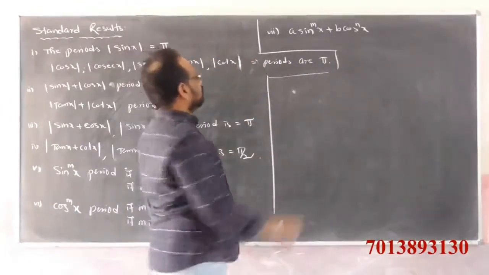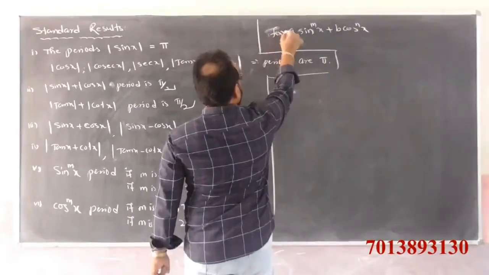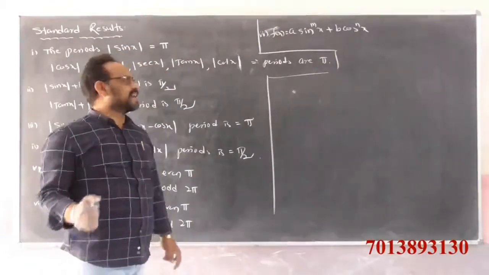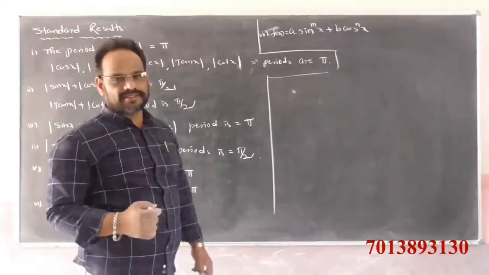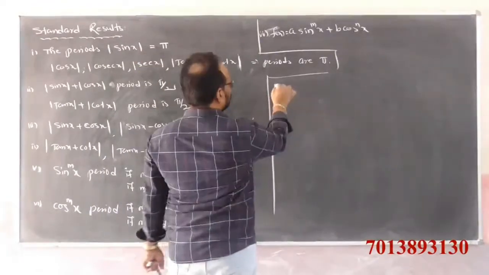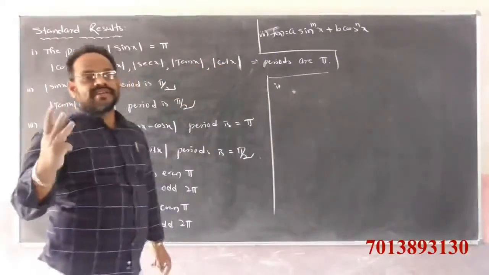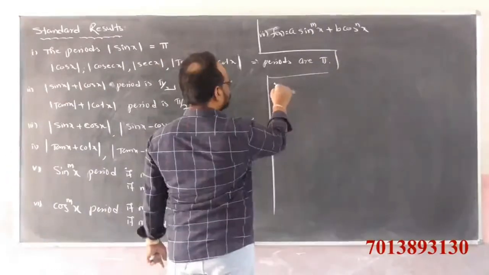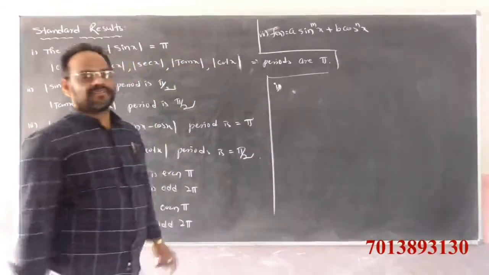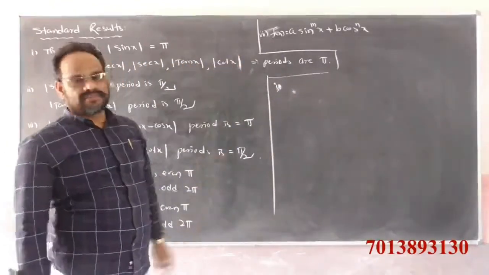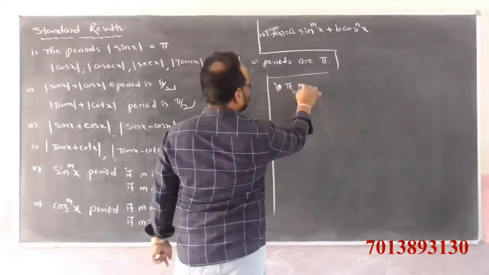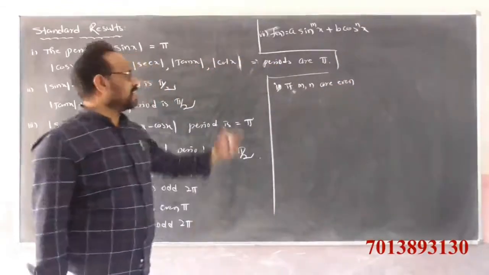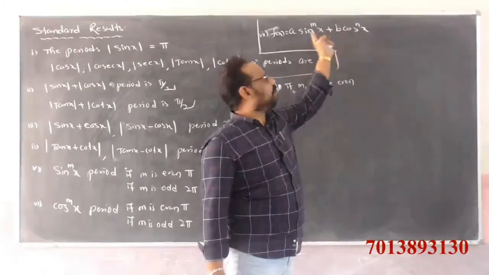That is f of x is equal to the given function, f of x equals a times sin power mx plus b times cos power nx. To find the period, here they have three conditions. First condition, first case: if m, n are even, that means m and n both are even.